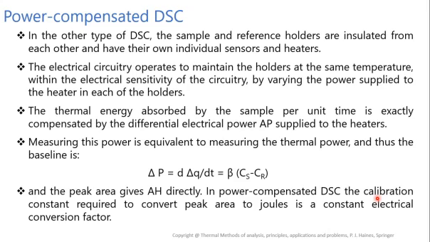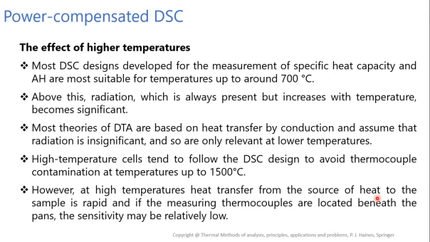Measuring the power is equivalent to measuring the thermal power, and thus the baseline is written as delta P equals dQ/dt, which is exactly equal to beta times (Cs minus Cr), and the peak area gives delta H directly. So in power compensated DSC, the calibration constant required to convert the peak area to joules is a constant electrical conversion factor.